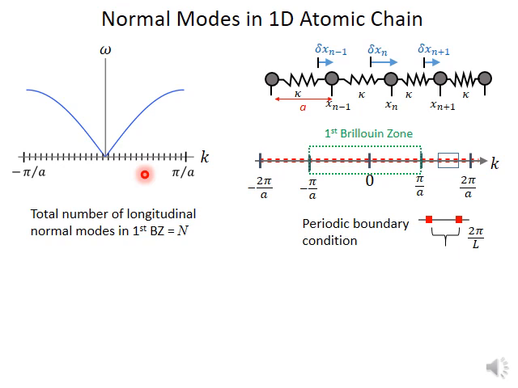We calculated the number of modes in the first Brillouin zone, in other words, the total number of modes possible in a one-dimensional crystal which has a capital N number of atoms in it. We found that if you consider only longitudinal displacement of atoms, there are as many modes as there are atoms in the crystal.